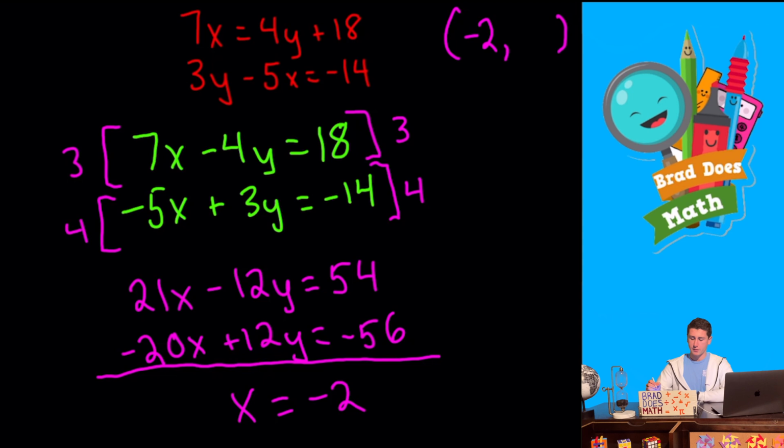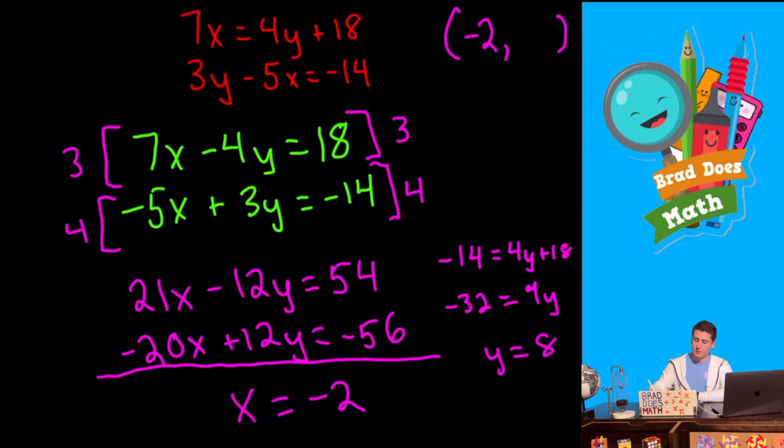I'm going to plug it into the very, very, very top one. So 7 times negative 2 is negative 14, and that will equal 4y plus 18. Subtract 18 to both sides, and I get negative 32 equals 4y, excuse me. And then y equals 8.